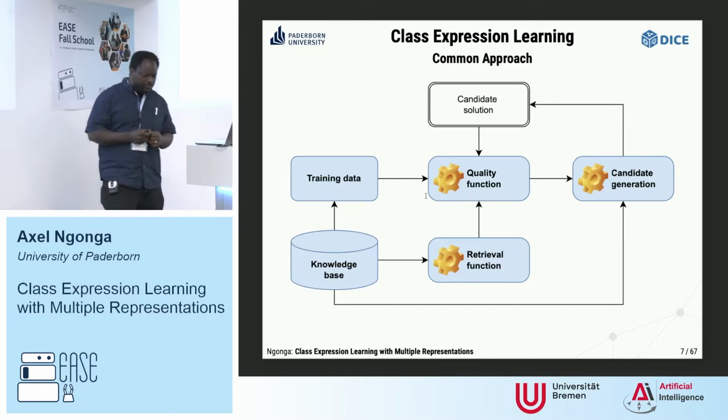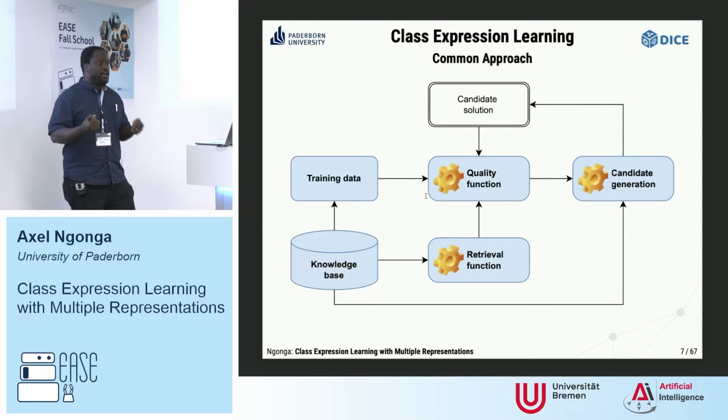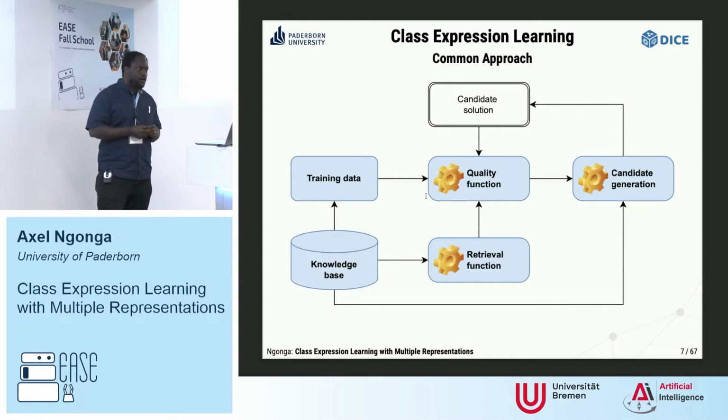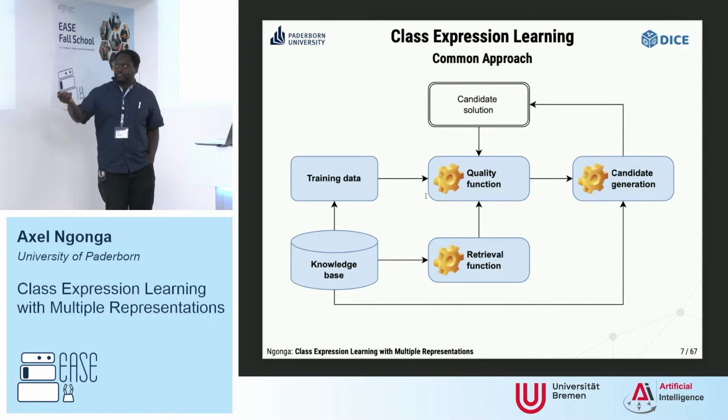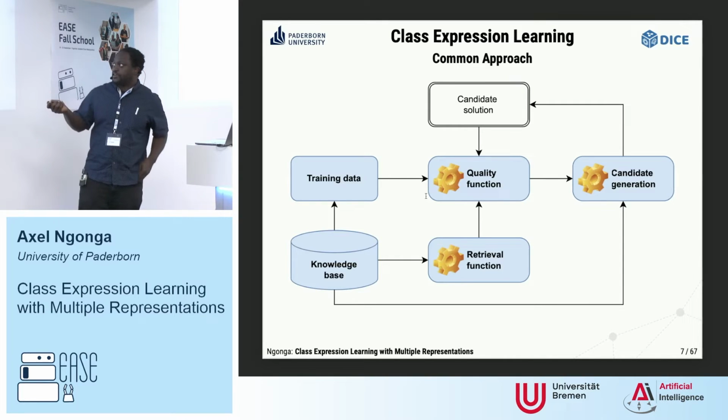The job of the retrieval function is, given our class expression, to say which are the individuals such that their interpretation belongs to the interpretation of the class at hand in a model of our knowledge base. So this is usually where we spend a lot of time computing, right? Fundamentally, what we're saying is: how much of E plus does H describe? That's what the retrieval function will do for us here.